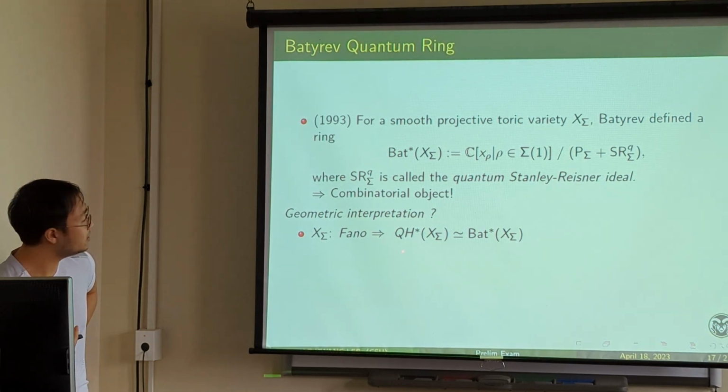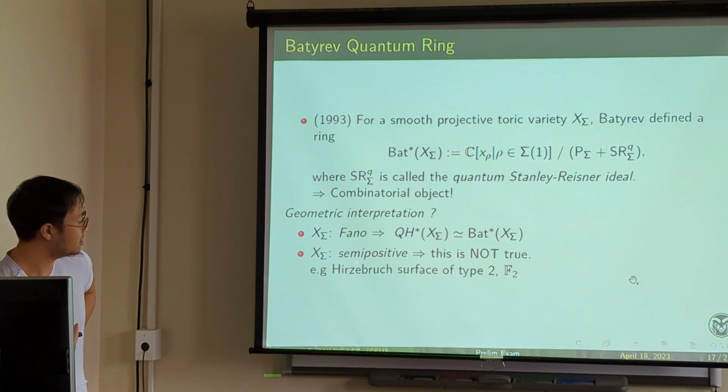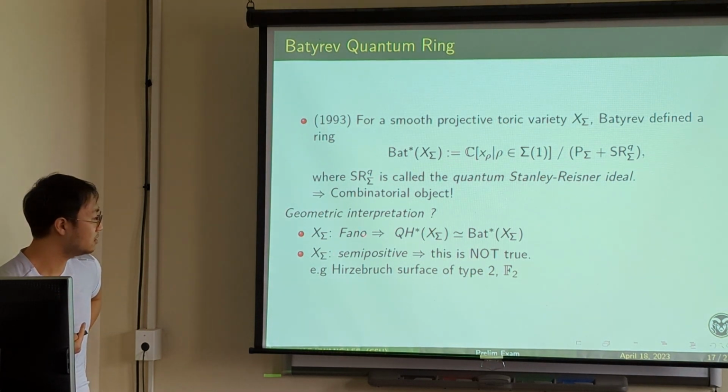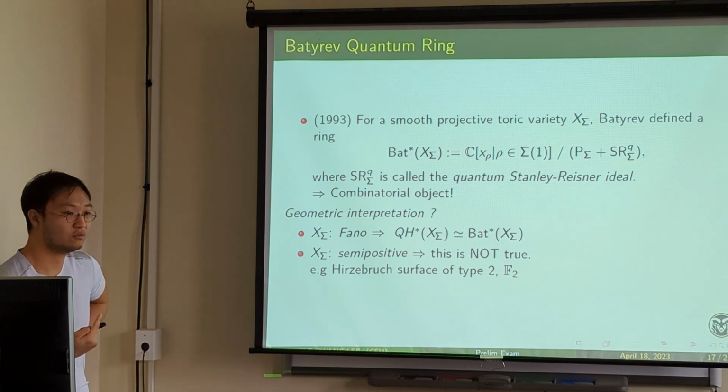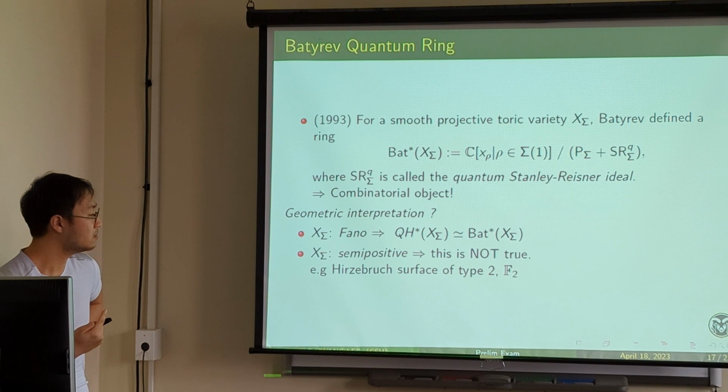But if we weaken this Fano condition, which is called semi-positive, I said the Fano condition is related to a strict inequality. We can weaken that condition to be replaced by a weak inequality.